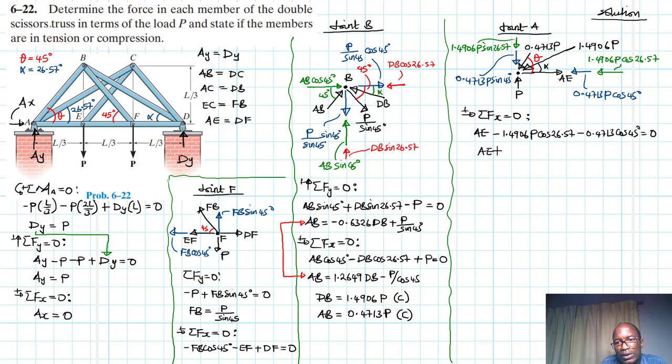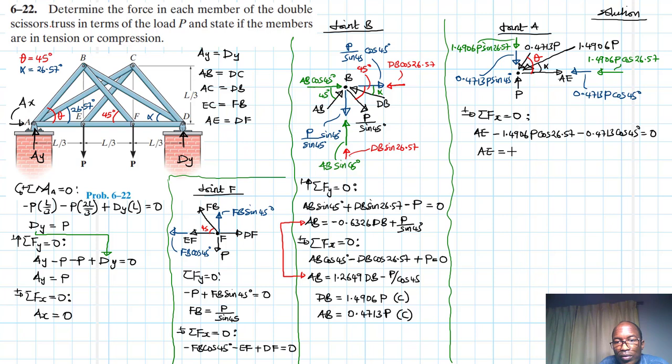AE therefore is just equal to, let's find it, 1.4906 cos 26.57, okay, plus 0.4713 cos 45.